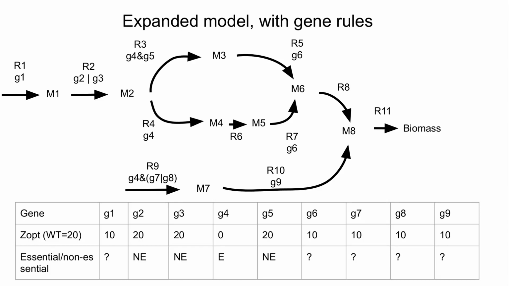So this is a basic overview of how we would do single gene deletions analysis on a given organism. In practice, how this would be done in COBRA would be that you tell the program which genes to delete.